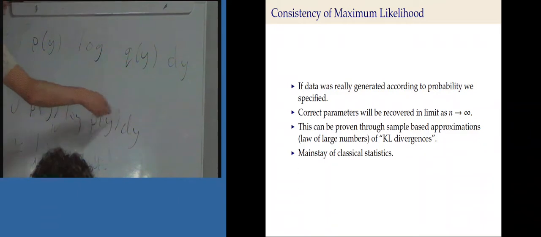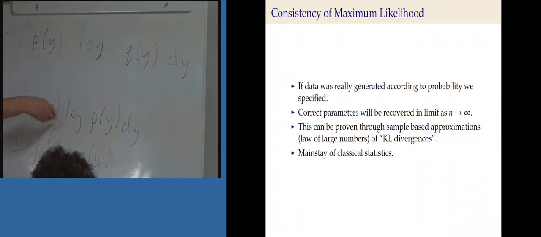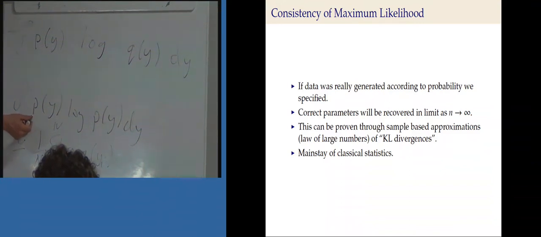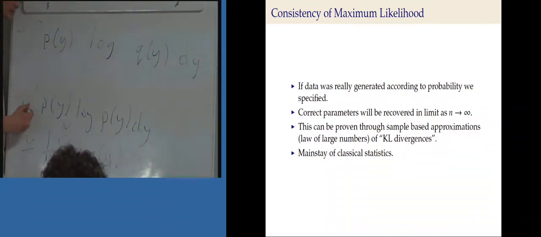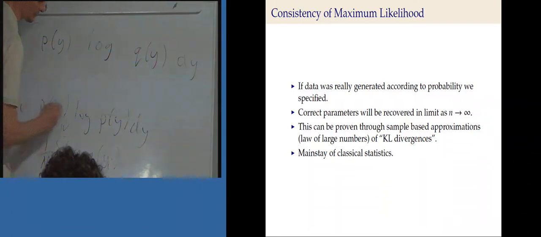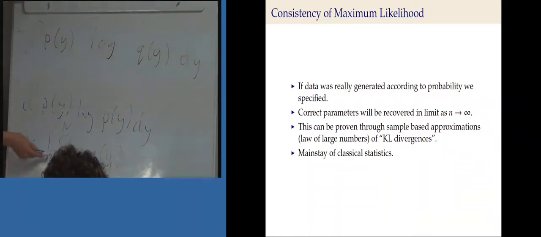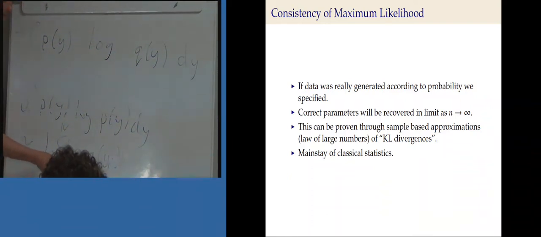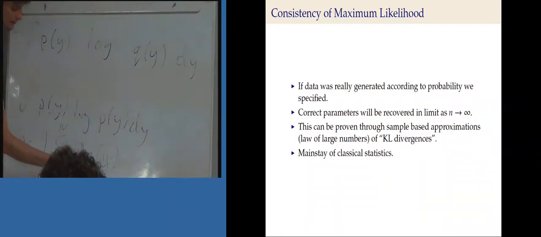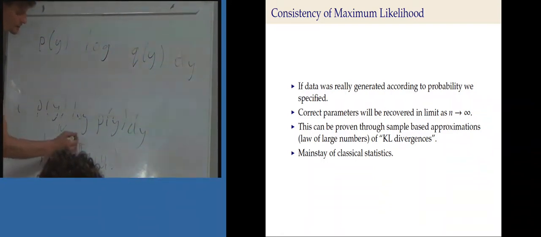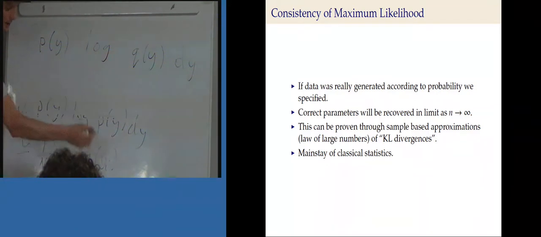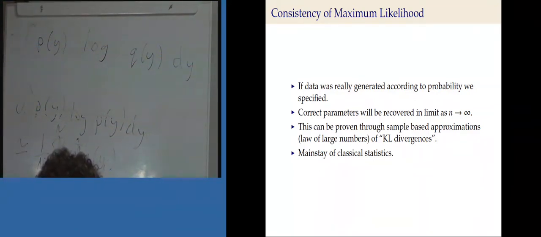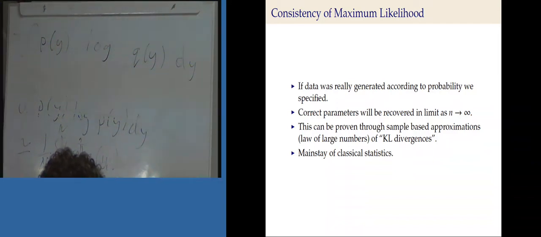This second term you can't do anything with, but it's not dependent on our model. It's only dependent on the entropy of the real world, which we don't know. So we're left with this term. And this term, if you bring the sum in here, product i equals 1 to n, is the log likelihood of our data. So in rough terms, that's the proof of maximum likelihood consistency.